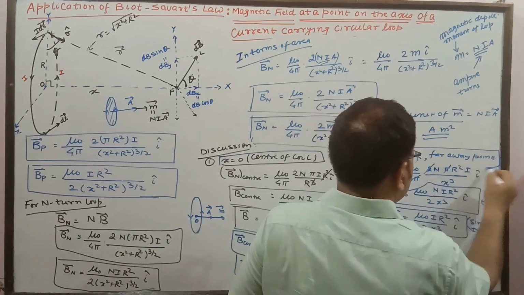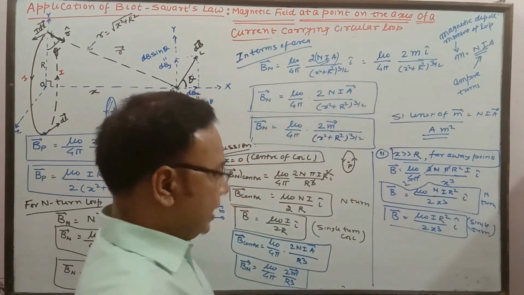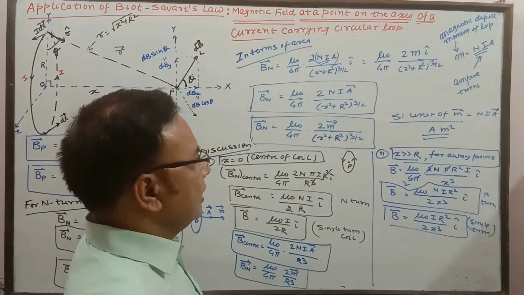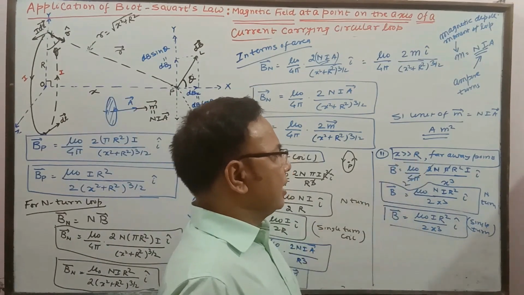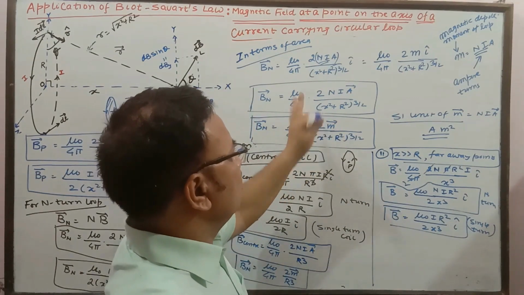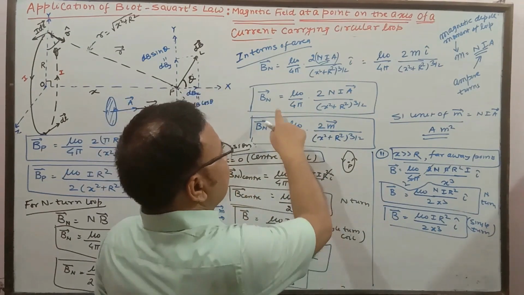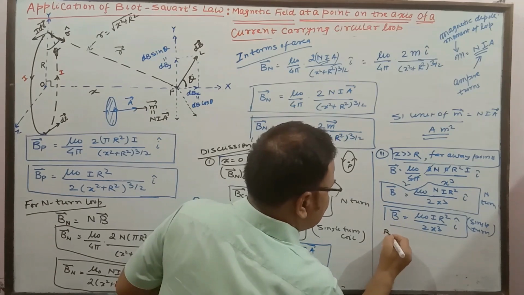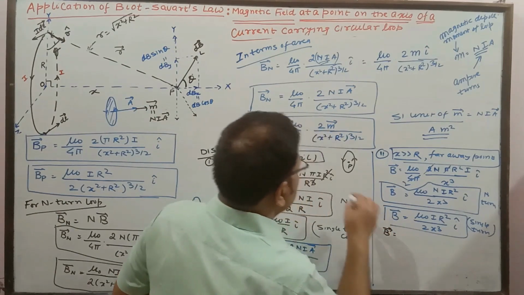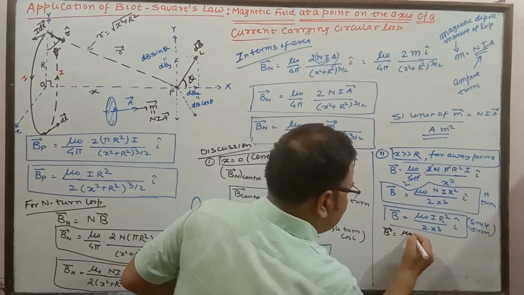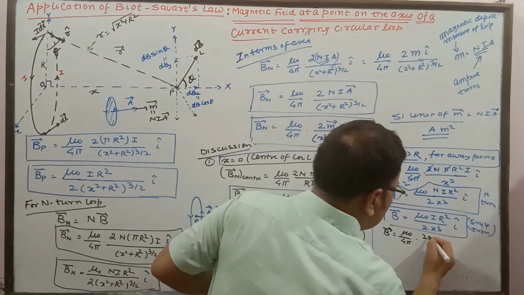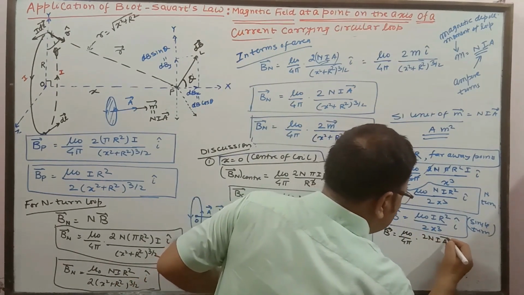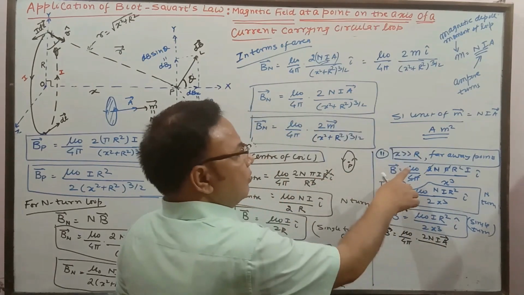Now we are reaching here for this one. Again, we are going to do the same thing in terms of area and magnetic dipole moment. Here we are going to put x much larger than r. It simply means we are going to ignore r. Ignoring r, the magnetic field at very large distance from the current carrying loop is given by mu naught upon 4 pi into 2NIA vector divided by x cube, since we ignore r.